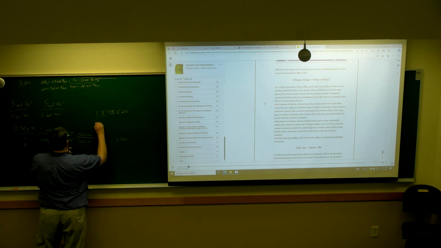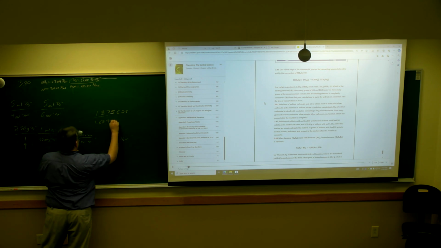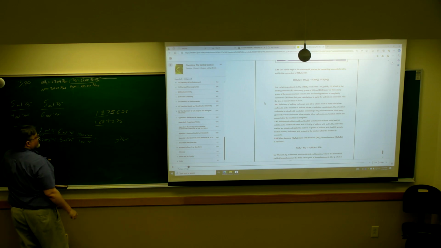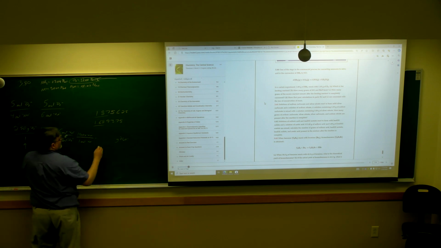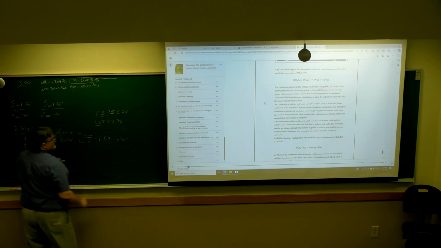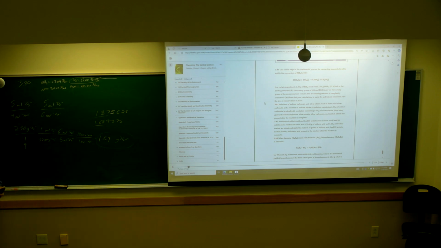My calculator says, keeping the first 3, the 9 rounds the 8 up, so it's 1.69 grams of H2O. You see the process? Do practice these, because I know that one turning point confuses you.